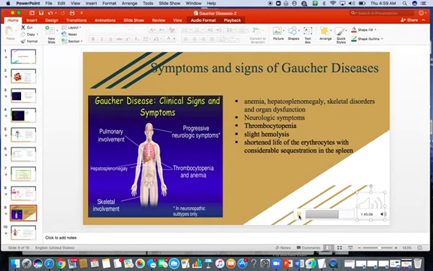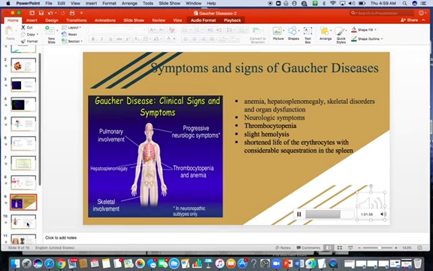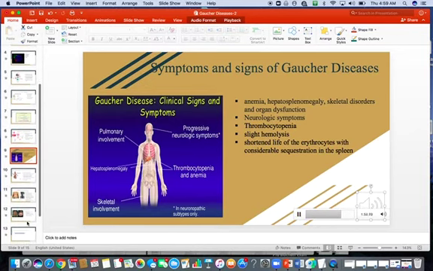Gaucher disease affects many organs within the body. Some of the organs include the spleen, the liver, and some neural organs. These are clinical signs and symptoms of Gaucher disease.